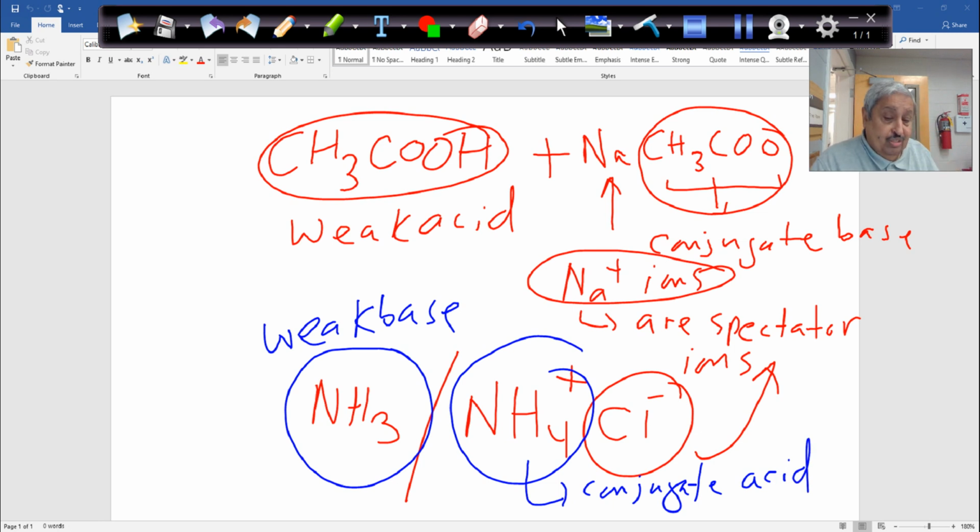So if you have this combination, then you have a buffer. Otherwise, you don't have a buffer if you have a strong acid. Are you following me here? So that's the difference here. So anytime you have a weak acid and its conjugate base, then yes, you have a buffer. If you don't, then you don't have a buffer. So that's a buffer one.